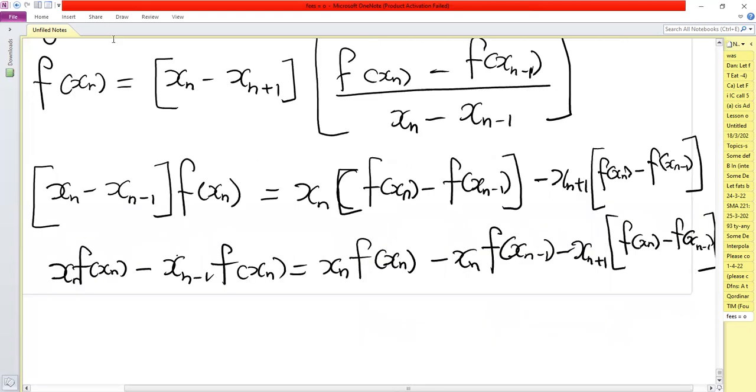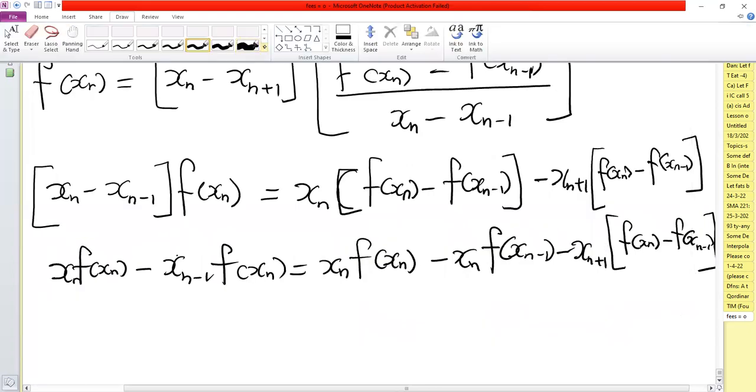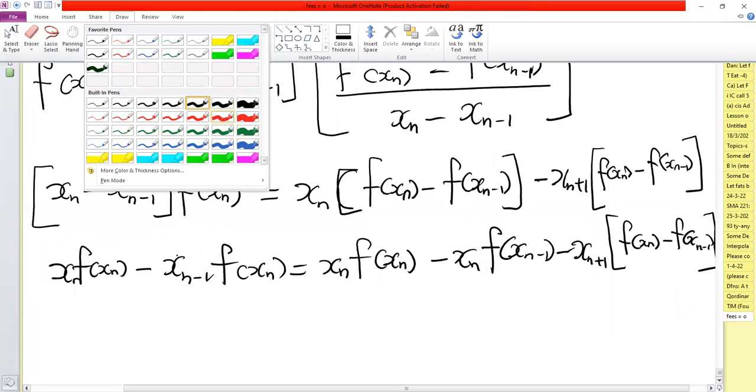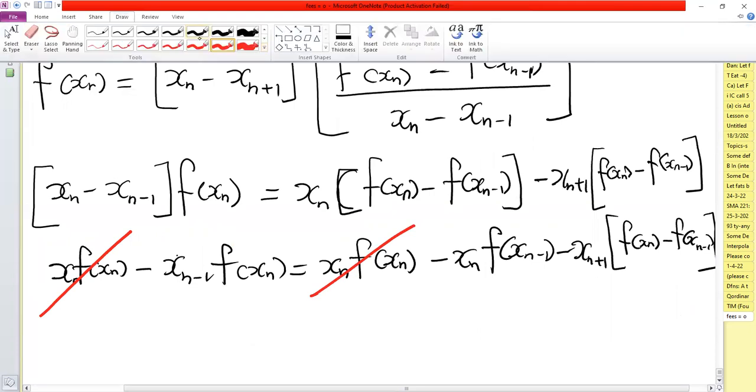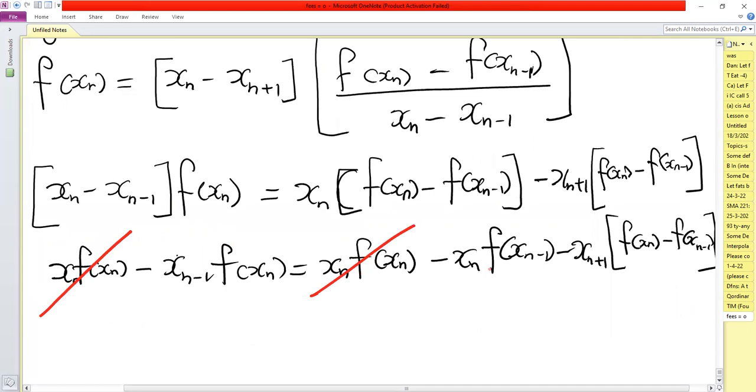So you see, after doing this expansion, this term and this term cancel out, so that we have, taking this to the left hand side, now I'll have positive sign.